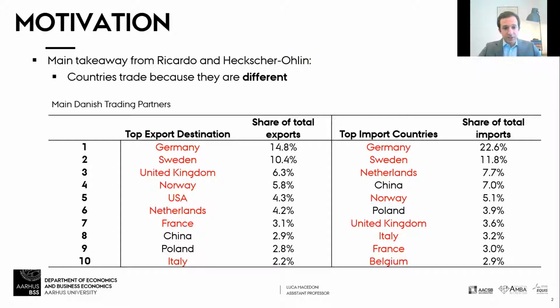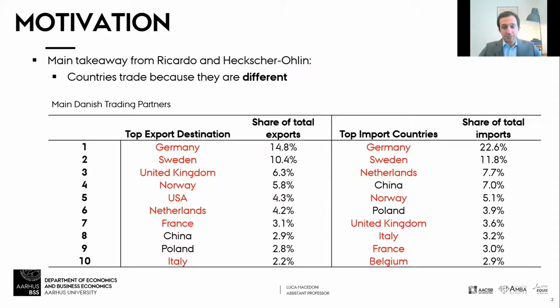So do these countries differ from Denmark? Well, do they have different technology? Maybe, but say pick Sweden. Is Sweden different from Denmark in terms of factor endowments and in terms of technology?